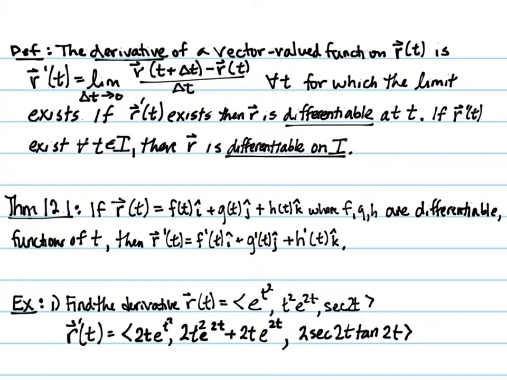Okay, so we're going to do another one, direction slightly different. On example number 2, we're going to find several things. We're going to find first r prime of t, and then r double prime of t. You'll notice I didn't define that.